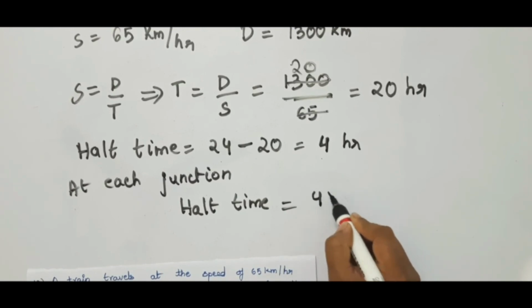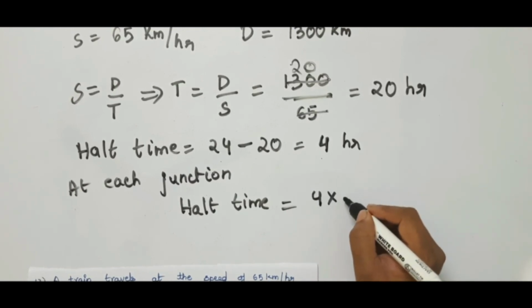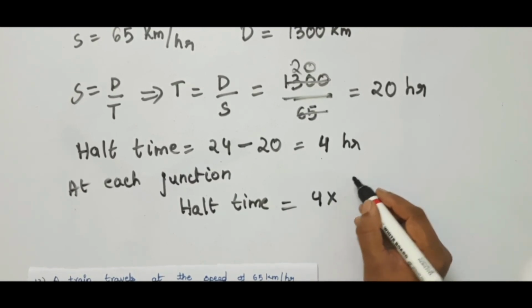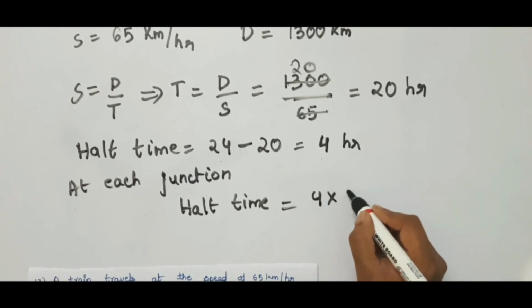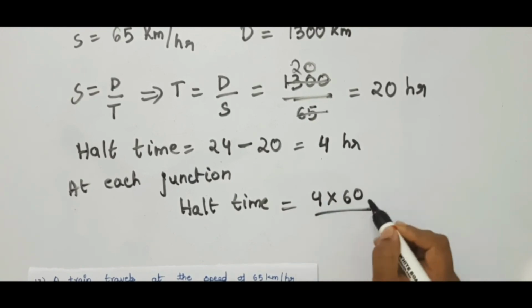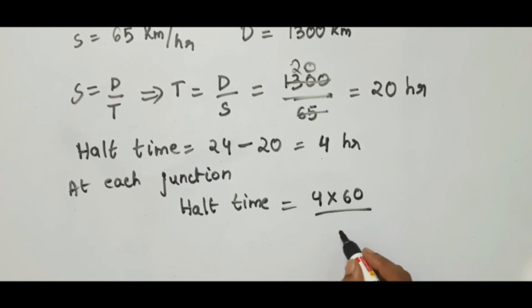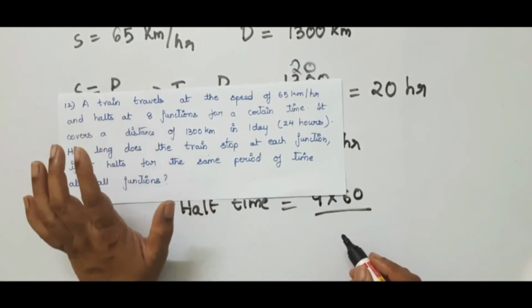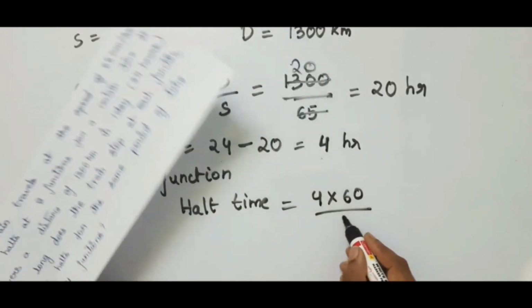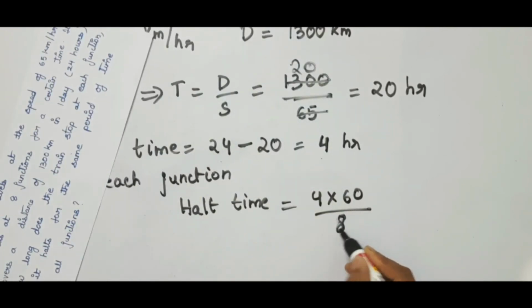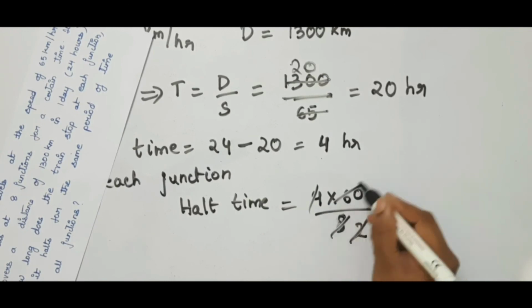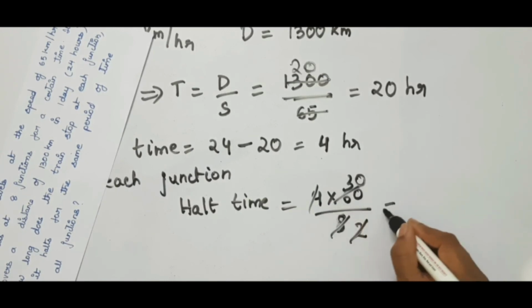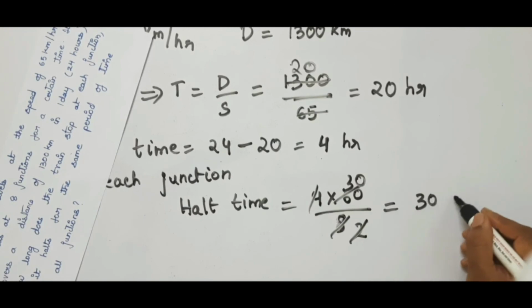So we have to convert 4 hours into minutes, because at each junction it will halt for minutes only. So 4 into 60 by how many junctions in total? He has given in the problem that it halts at 8 junctions. So divided by 8. 4 ones are 4, and it is 2 thirties. So this is 30 minutes.